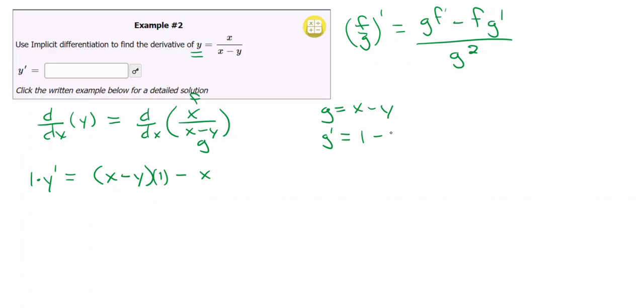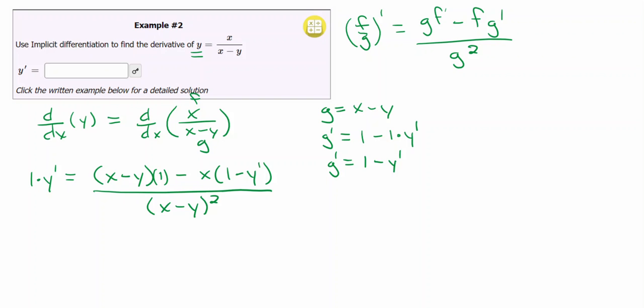But then we have to multiply that by y prime, the derivative of the inside. So g prime is really 1 minus y prime. Then if I keep going with my quotient rule, that would be 1 minus y prime, and this is all over g squared, so (x minus y) squared.